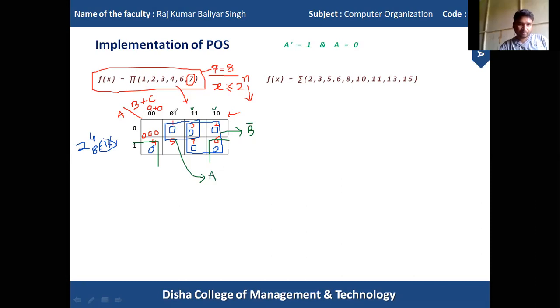Then what is the common value for this column? Along the column direction we are getting the common values 1 and 1. These two 1s are constant, but this becomes 0 and this becomes 1, so we cannot take that value. Then 1 is constant, and 1 represents variable C, so A plus C naught is a single unit.